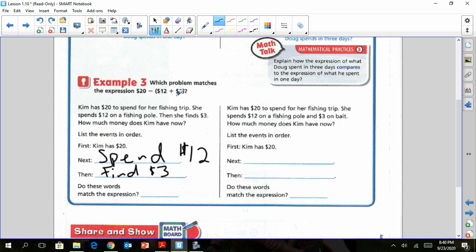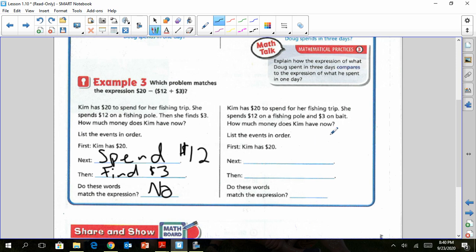Because if we do this first, 12 plus 3, we would have $15. And then we take that away from $20. Well, that's not what the problem said. That's $12 taken away and then finding or adding 3. Okay? So no, that does not match it. And I'll explain why that doesn't match when we read the second expression here.